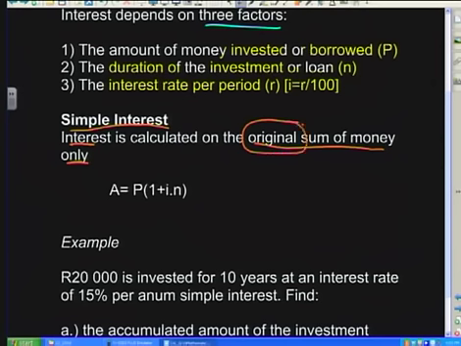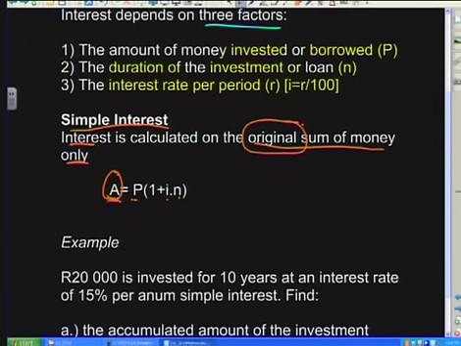Okay, so the formula we use for simple interest is A is equal to P times 1 plus I times N. Obviously I being your interest rate, N being your period, and P being your original amount. A will then give us the final amount after we do the simple interest calculation.